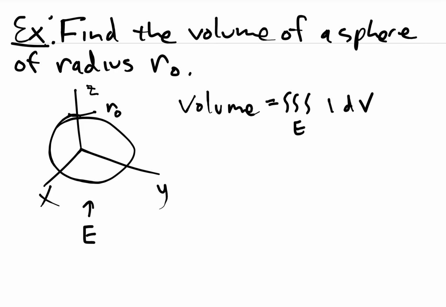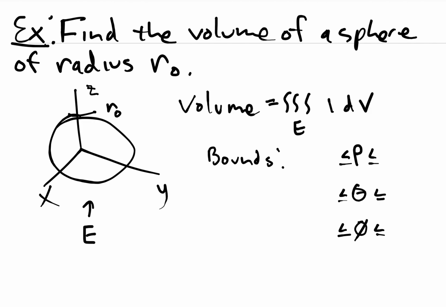Okay, so here, if I'm worried about fixing my bounds, how do I fix my bounds? How do I represent E? I've got three variables that I'm concerned with here. What's going on with rho? What is going on with theta? And what is going on with phi?